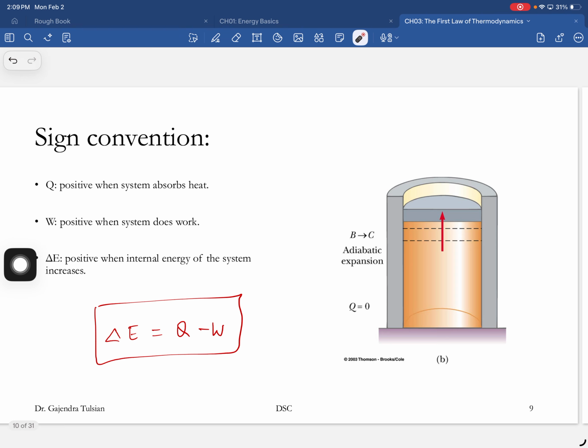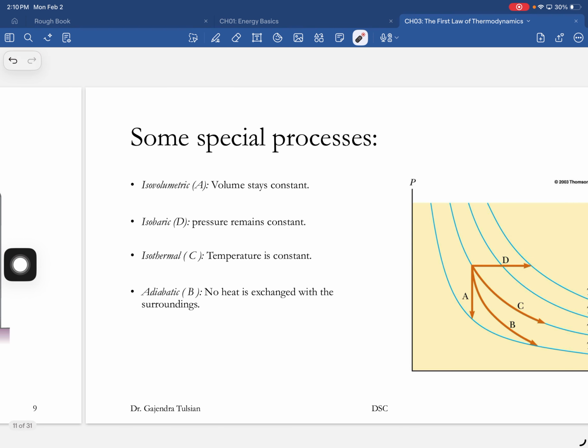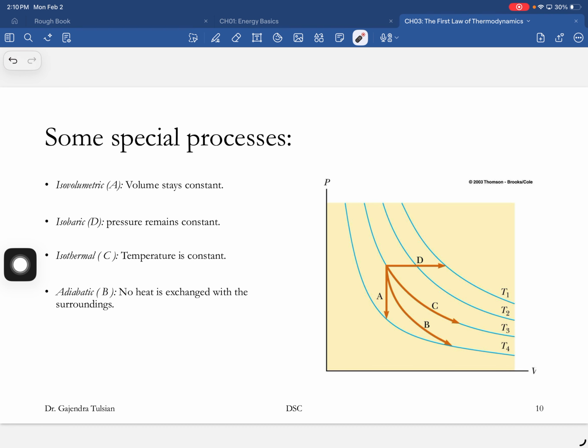In an isothermal expansion, the work done is the area under this curve, and now we can show what this area is. For an ideal gas, P is nRT over V. So here's P as a function of V. In an isothermal process, T is constant, so nRT is constant over V. So this is equal to nRT dV by V, like dx by x.